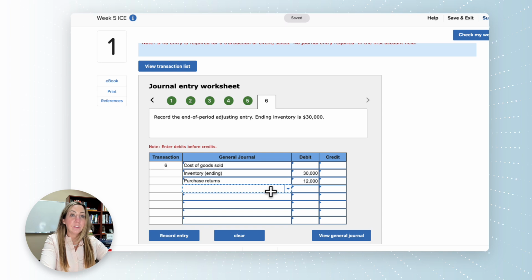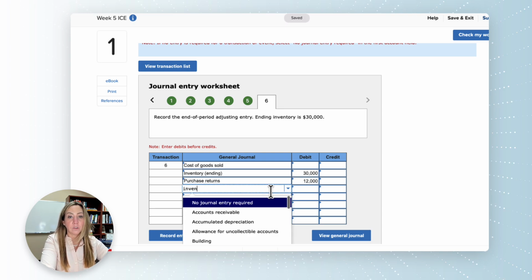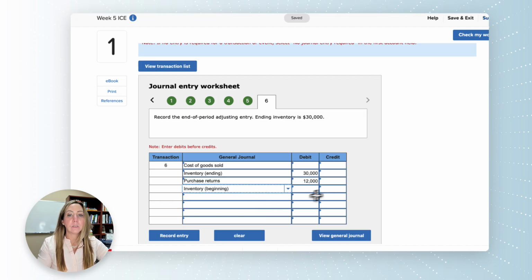We had an inventory beginning balance of $25,000, so we need to credit the inventory beginning balance account. And that's merely a distinction in Connect. Inventory ending and inventory beginning are both debits and credits to inventory. They just emphasized that it was ending and beginning.